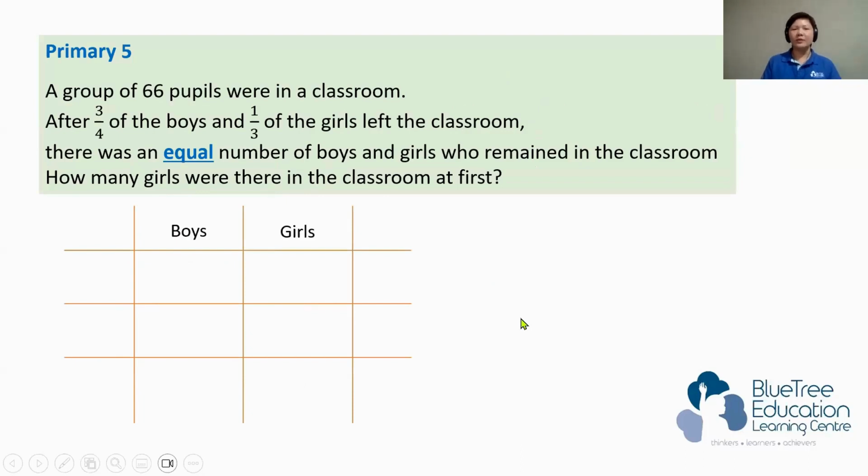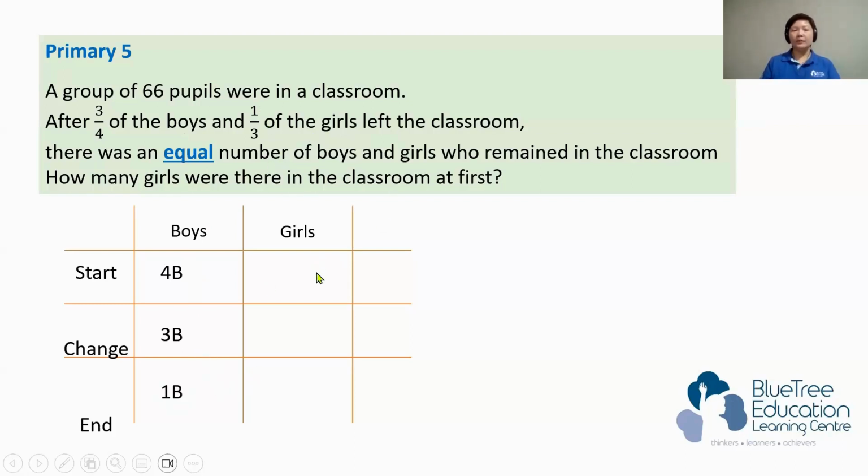So we will have to use techniques that are more efficient to help the children solve it really quickly, under 5 minutes. Can draw, but you need to be really fast so that it's efficient, you see. So for example, I'll just show you how 4B 3B comes about. After 3/4 of the boys and 1/3 of the girls left. So in other words, there are 4 boy units, 3 boy units left. Therefore, 1 boy unit left at the end.